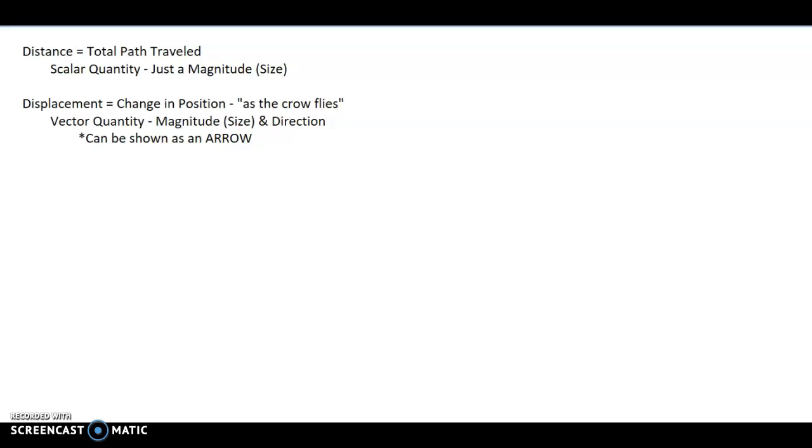So let's look at a quick example here where we're going to add values. Let's say we move 5 meters east, then 3 meters west. All right, just two simple motions are happening, and it's always helpful if we draw a picture.